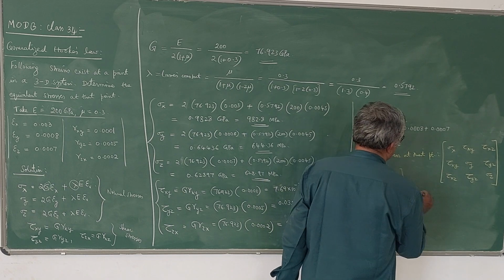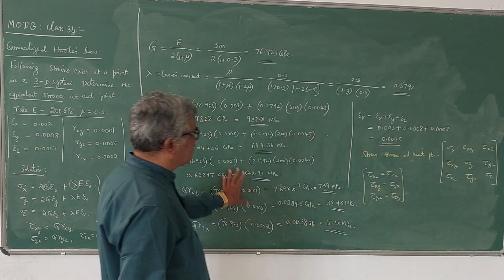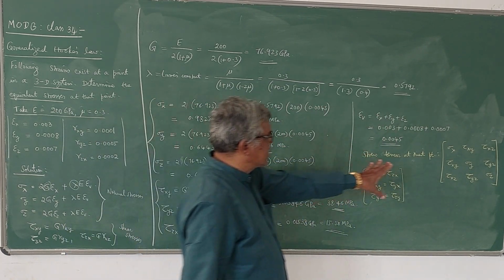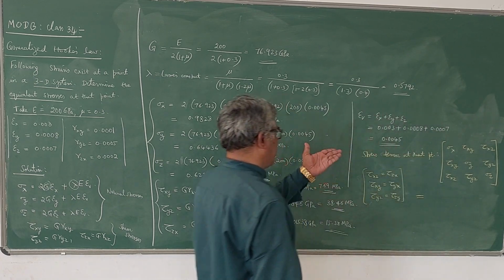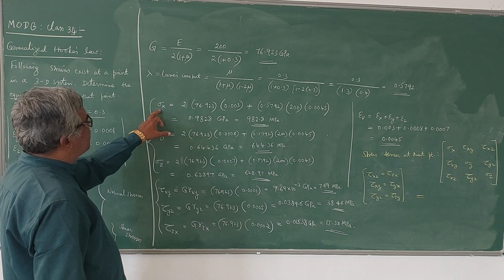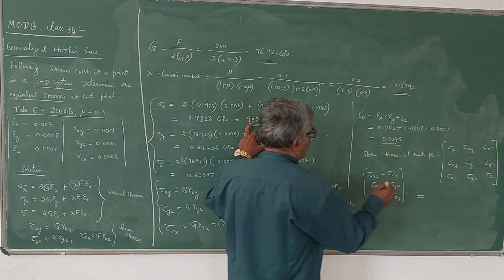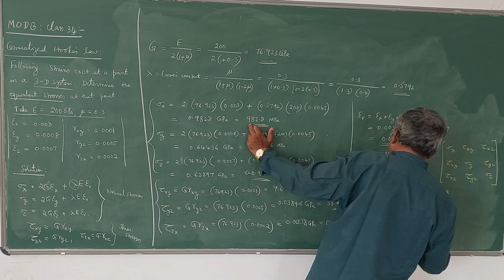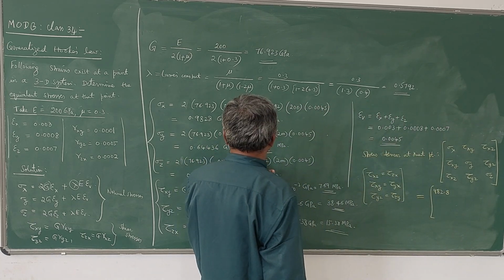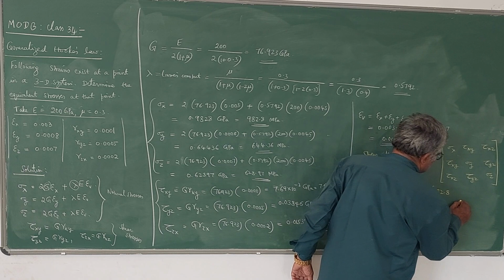Now once you substitute these values into the stress matrix, the stress tensor, that completes the problem. So sigma x I have written first, 982.8. Then sigma y is 644.36.